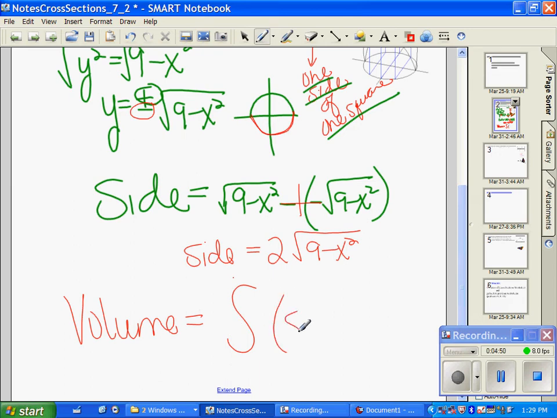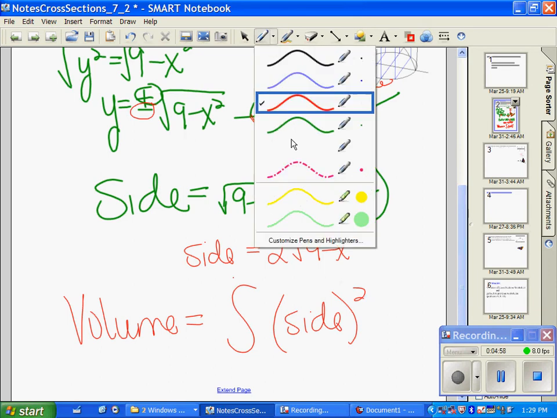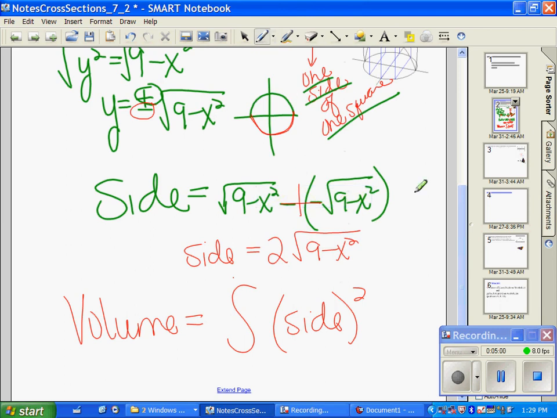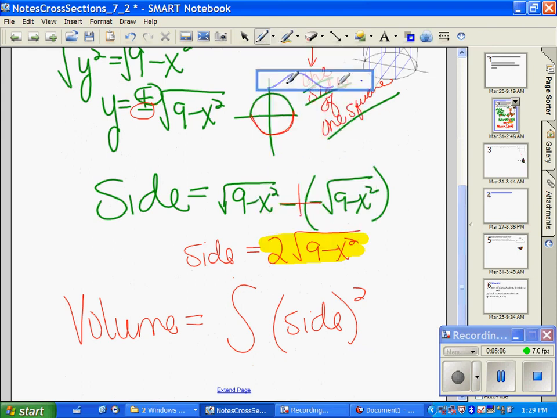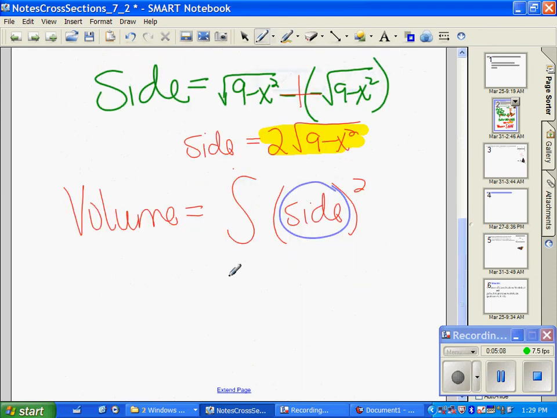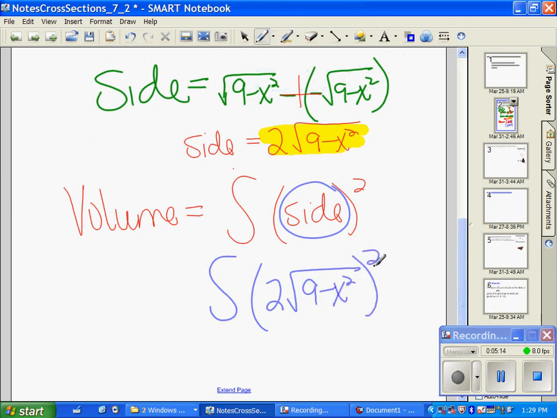We take the side squared, s times s. What we've done is figure out what this s is, and we replace it right here. So we have the quantity 2 square root of 9 minus x squared, squared.